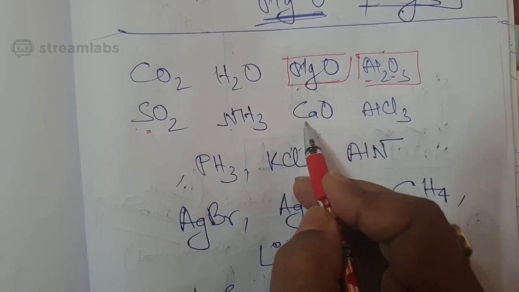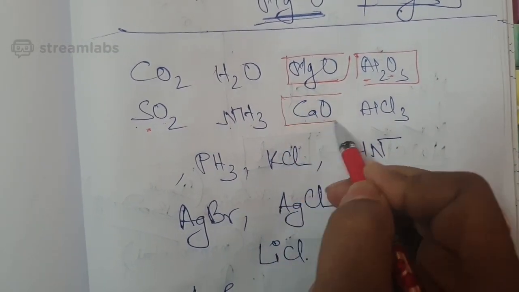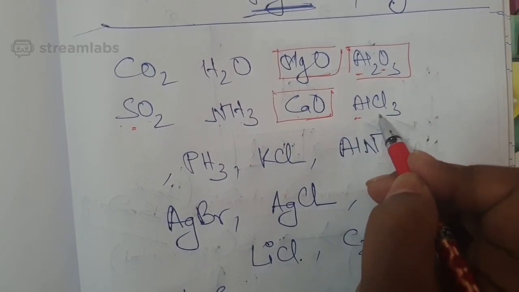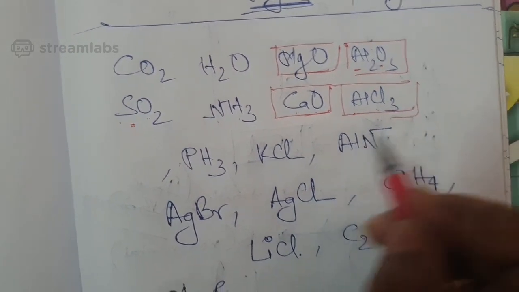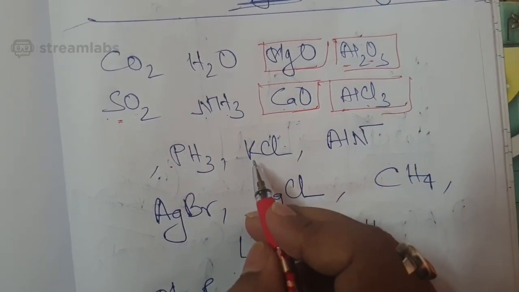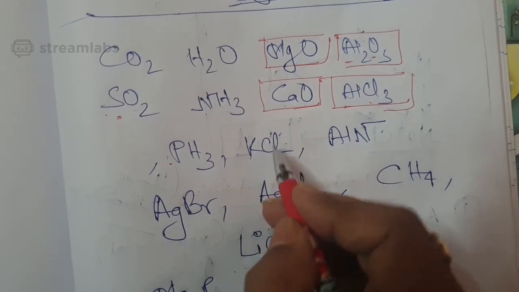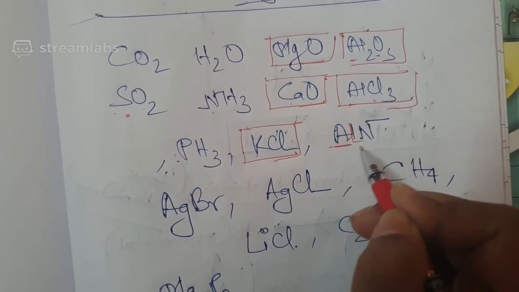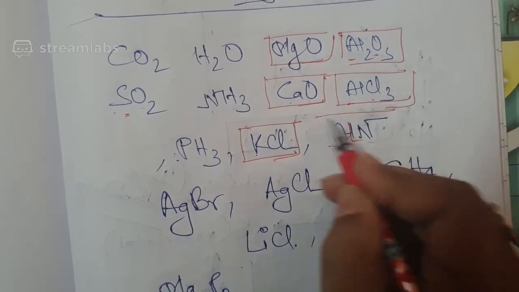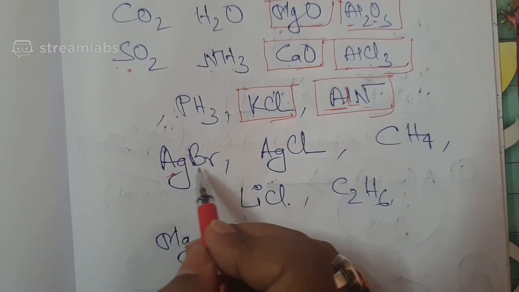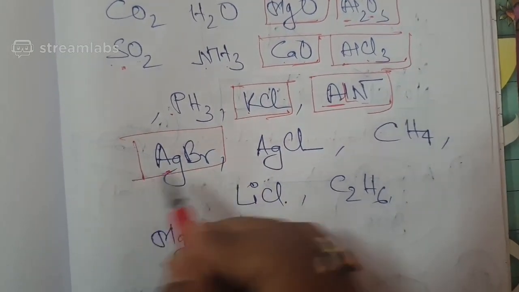nitrogen non-metal, hydrogen non-metal; calcium metal, oxygen non-metal. So this is an electrovalent compound. Aluminium metal, chlorine non-metal, electrovalent compound. Phosphorus non-metal, hydrogen non-metal. Potassium metal, chlorine non-metal. Aluminium metal, nitrogen non-metal. Silver metal, Ag plus, Br minus, non-metal.